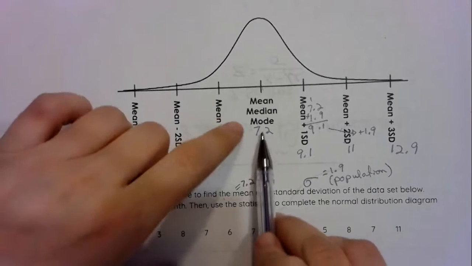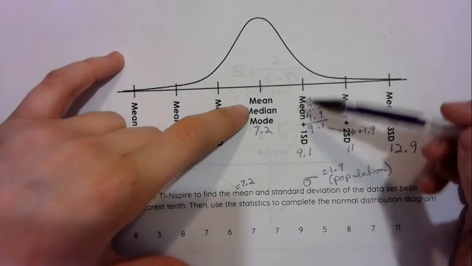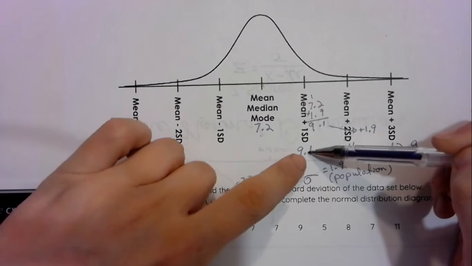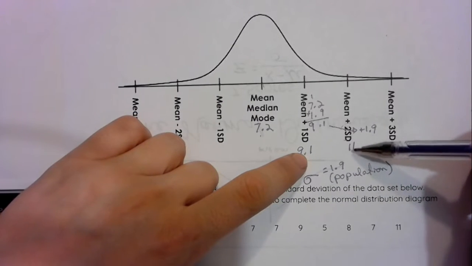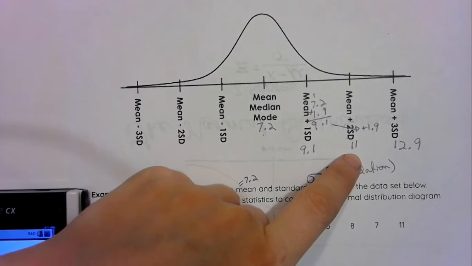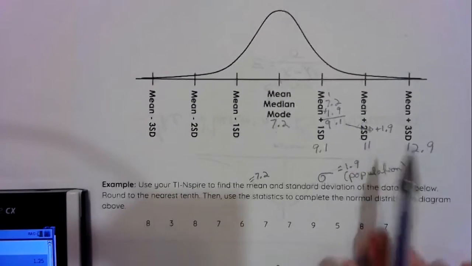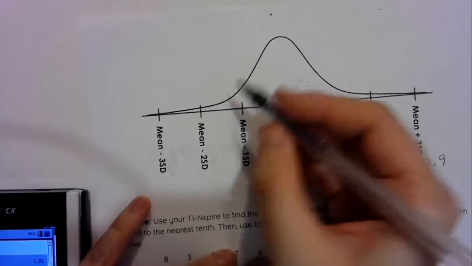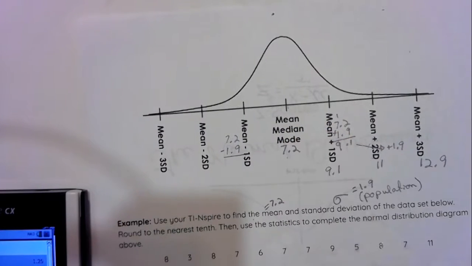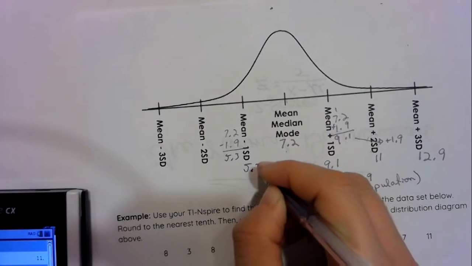All right, so our mean is 7.2. One standard deviation above the mean is 9.1. Two standard deviations above the mean is 11. And three standard deviations above the mean is 12.9. And then we're going to subtract. So I'm going to take 7.2 minus 1.9, which gives me 5.3.